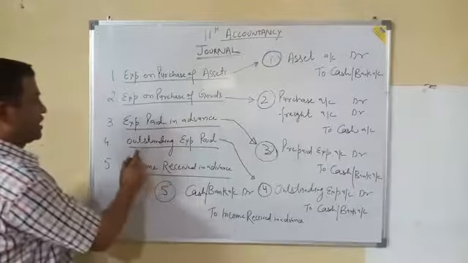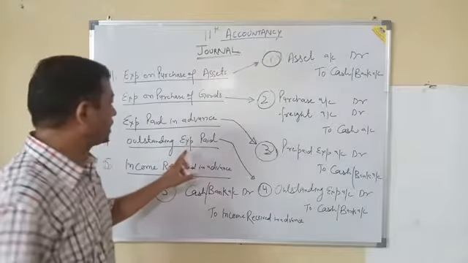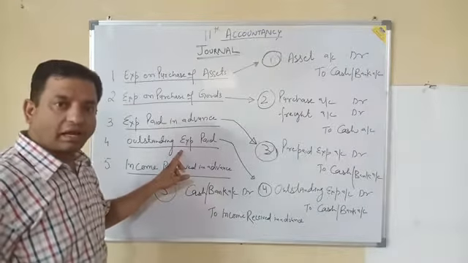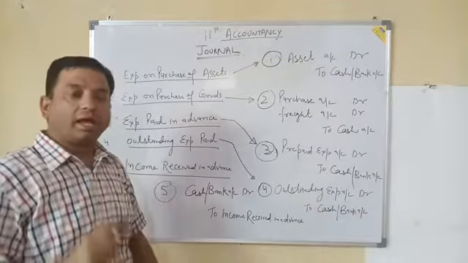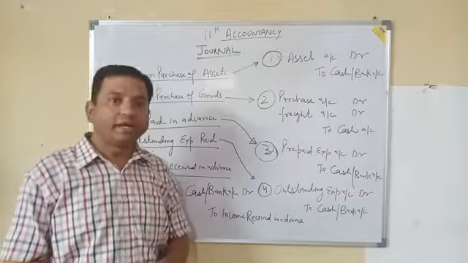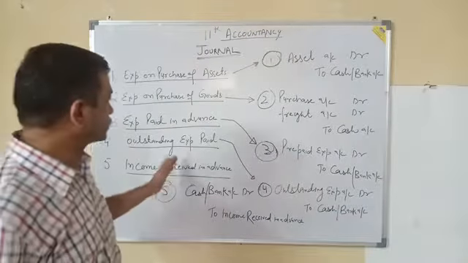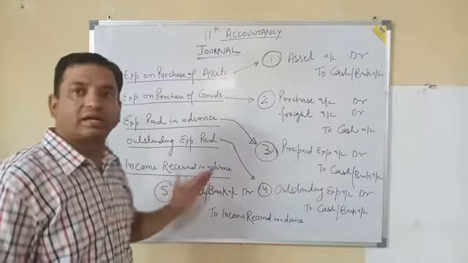Come to the next, that is if you are paying any of the expense which is unpaid, which is also called outstanding expense. Let me tell you, outstanding expense is that expense which has not been paid and the benefit of that expense has been taken. For example, I have taken one shop on rent and I have used that shop for the whole of the month, but I have not paid that rent.